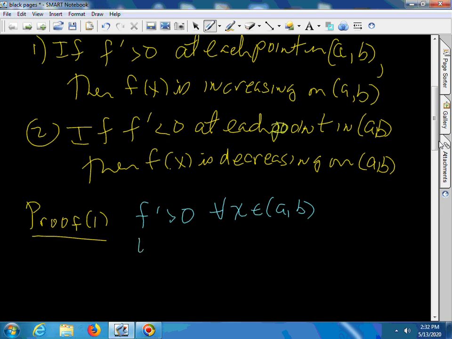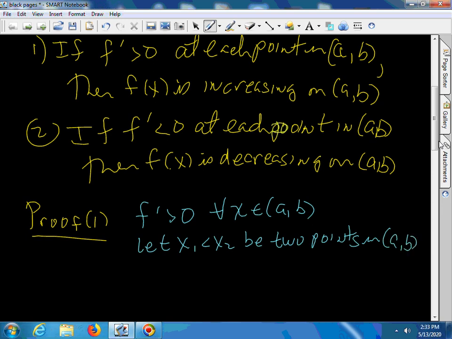So let x1 less than x2 be 2 points in AB. We'll get this right. Let it be 2 points in AB.